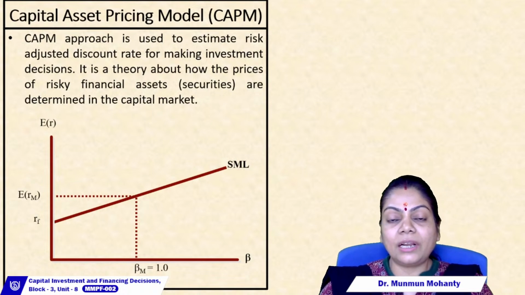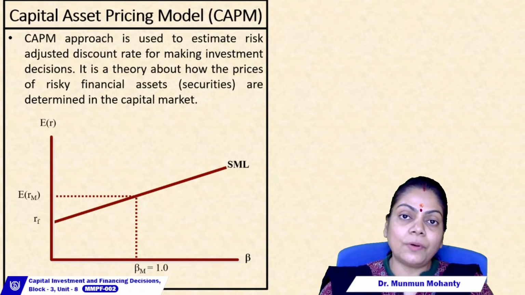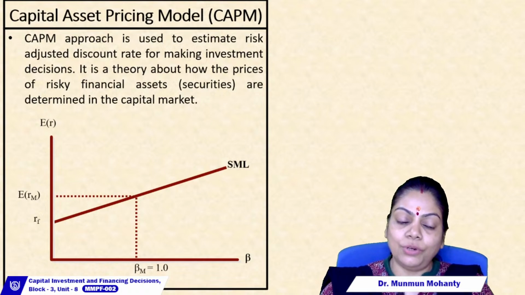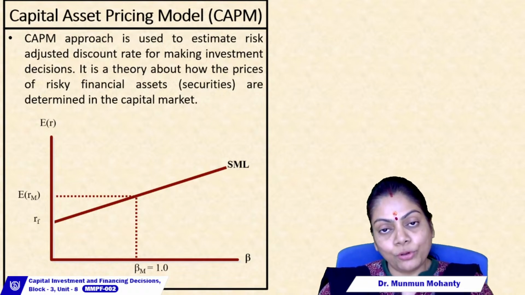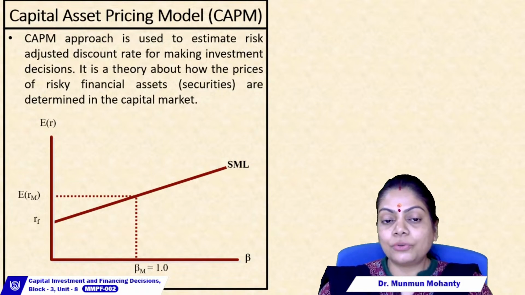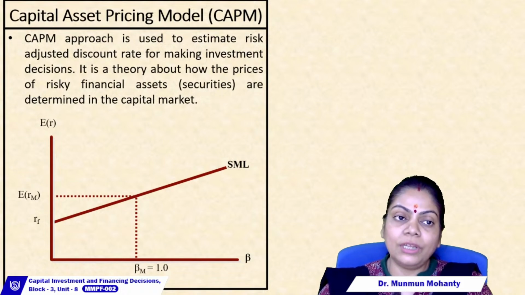The security market line shows the equilibrium position of all sorts of assets in the investing universe. Portfolios will find a place on the SML, and individual equity shares will find a place on the SML. So, the SML can show the equilibrium position for all the assets available in the investment horizon.